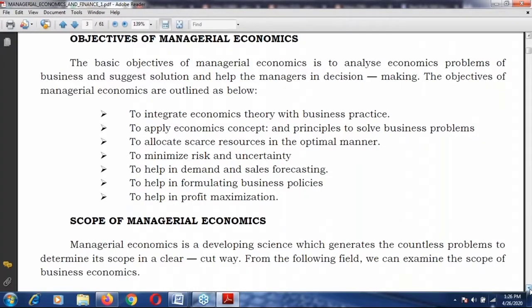Then we still have some steps in demand forecasting. If you want to forecast demand, there are some steps that have to be followed. Determining the forecast involves the following steps.